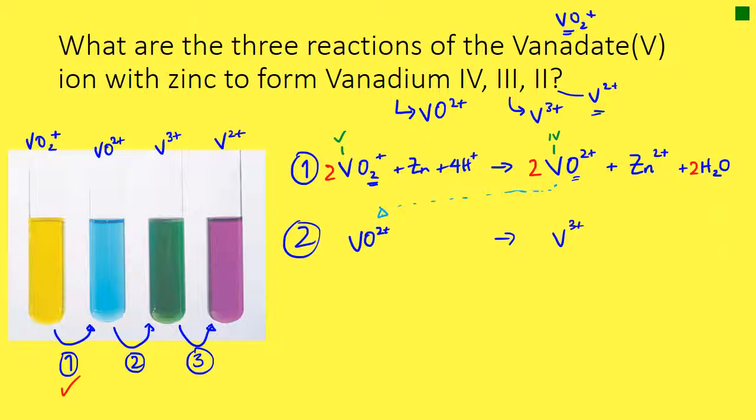This VO molecule is 2 plus, but as you know, our oxygen is going to be 2 minus, and so in order to make the whole thing 2 plus, this needs to be +4. So +4 minus 2 is +2, so that all works.